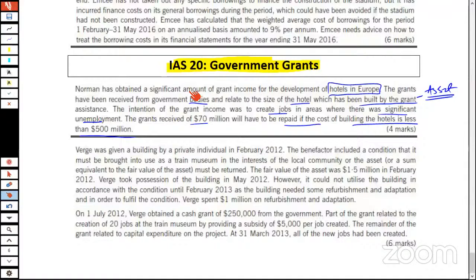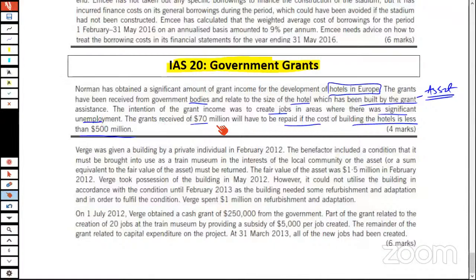Norman has obtained a significant amount of grant income for the development of hotels in Europe. The grants have been received from government bodies and they relate to the size of the hotel which has been built by grant assistance. So it's actually depending upon how big a hotel you construct.